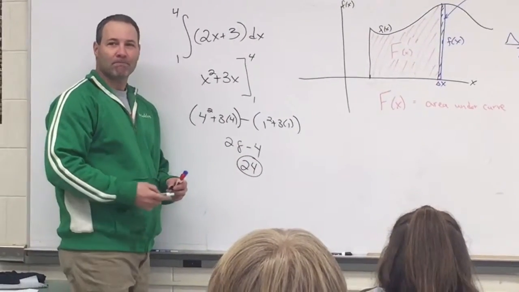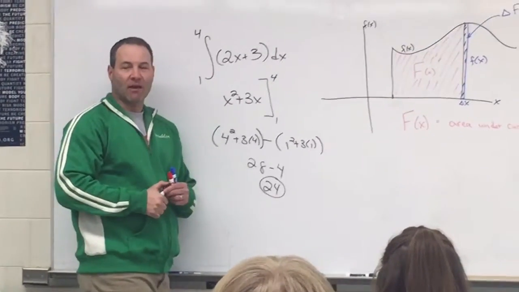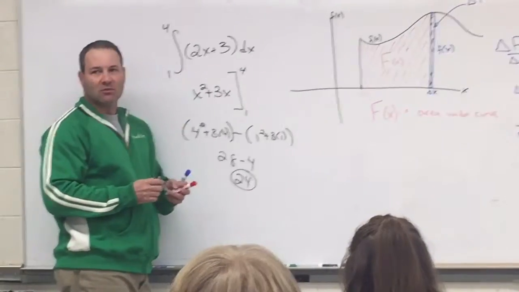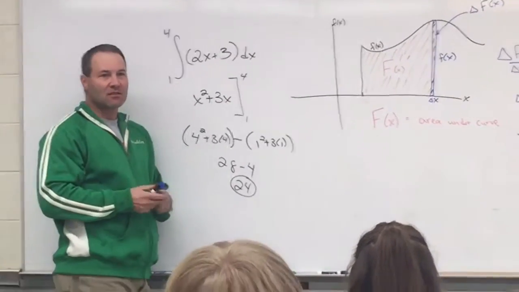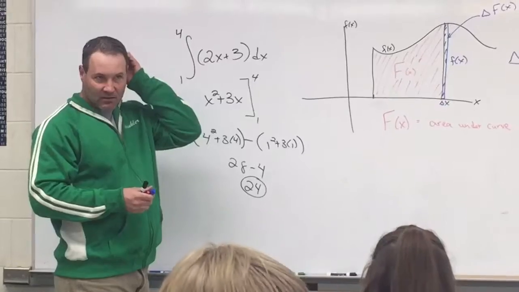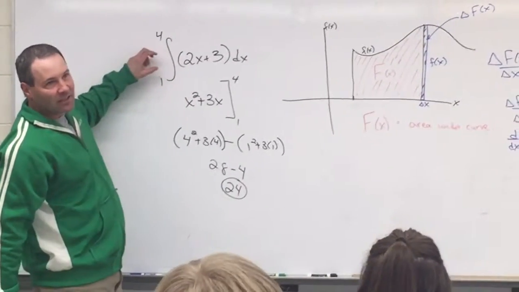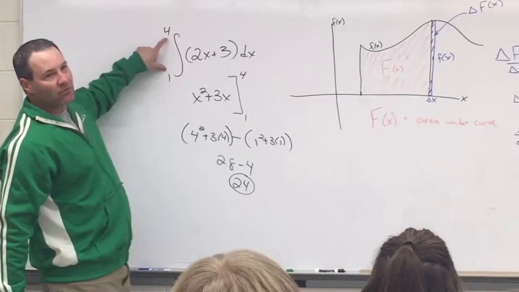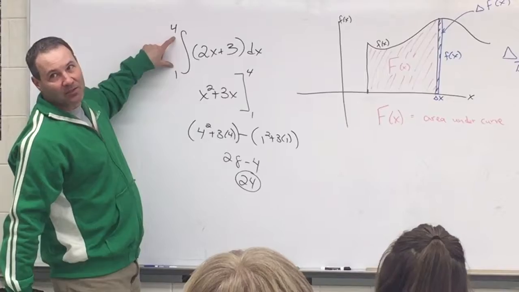Why don't you have to add the constant c in? I'll talk more about that tomorrow. It's in your notes. But the short answer is, this is called a definite integral, and definite integrals have boundaries of integration. If you have a definite integral, you do not add a plus c.